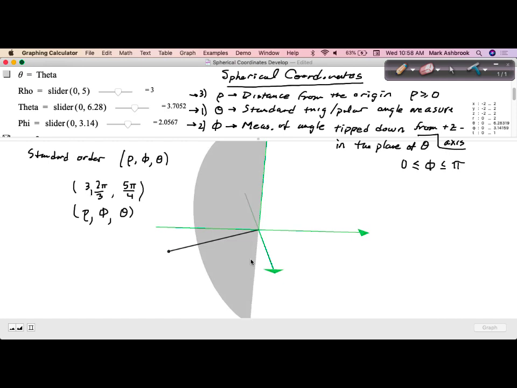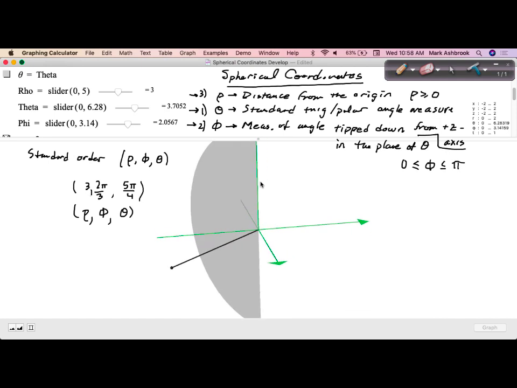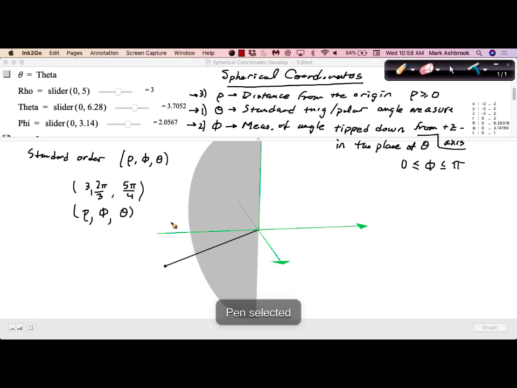Okay, questions just about the very basics of spherical coordinates? Okay, so then I want you to figure out what sets of points these are. These are all separate problems, so problem A is theta equals 2 pi over 3. Next question, phi equals 3 pi over 4.